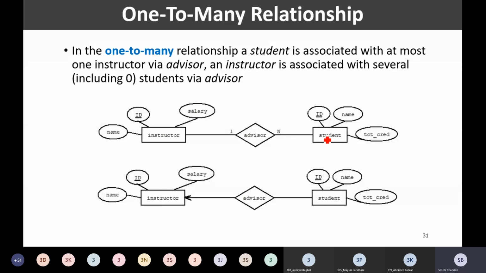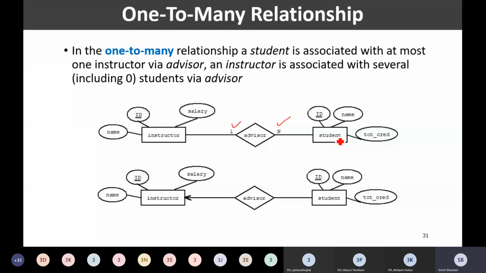I'll repeat. One student is associated with at most one instructor, but an instructor is associated with several students. So this relationship set is one to many: one towards instructor and many towards student. So we may put 1 here towards instructor and N here towards student.